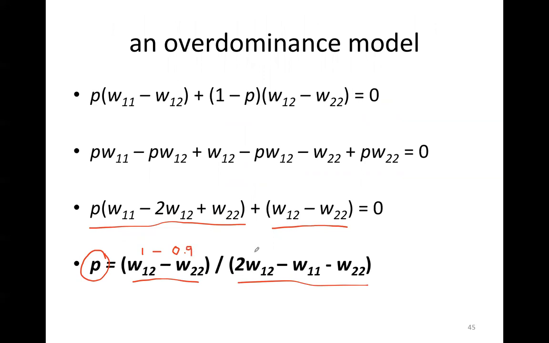And then here we would have, again, 2 minus 0.8 minus 0.9, and we would have something like 0.3 here, and here 0.1. So what's that? 1/3, basically.